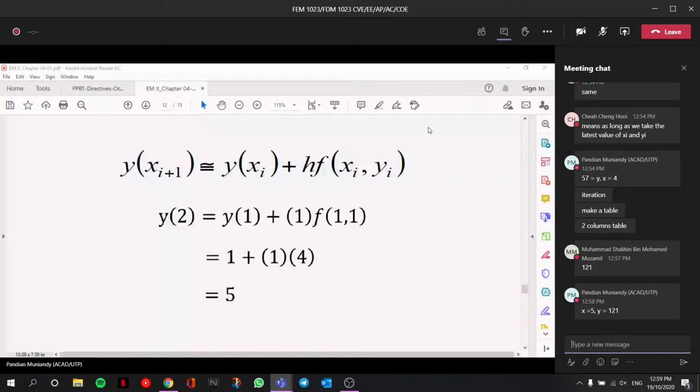We have to test how effective it is. In this case, you already found when x1, y1; x2, y5; x3, y21; x4, y57; x5, y121. So you can make the table, and this table will be very helpful. From there, you can plot the graph. X is your input, Y is your output.